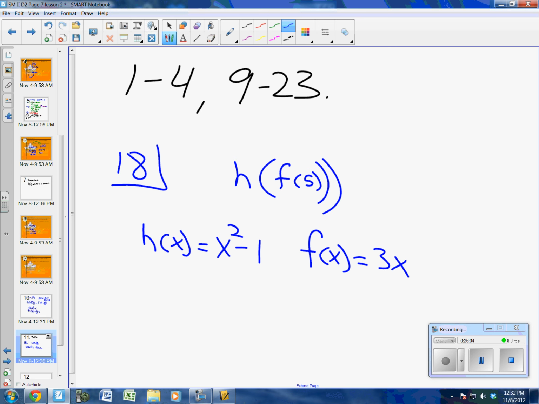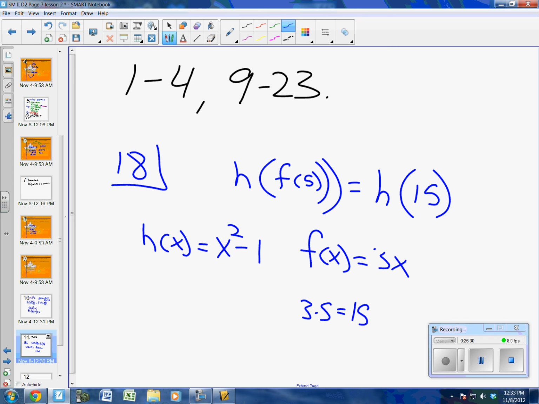This is all you have to do. First of all, I have to find f of 5, right? Because that's the inside function. So I'm going to go down to f, and I'm going to put 5 in for x. What's 3 times 5? 15. So now I can replace f of 5 with 15.